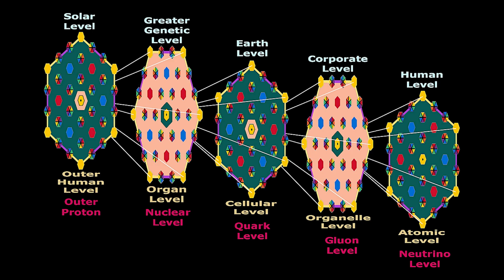Anyway, the next thing this is telling us that is incredibly important is, think about climate change. The corporate level, the organelle level, can't deal with climate change, and neither can governments. We're going to have a new level between the Earth and the solar system, this greater genetic level, and it's going to be like a greater corporate level.